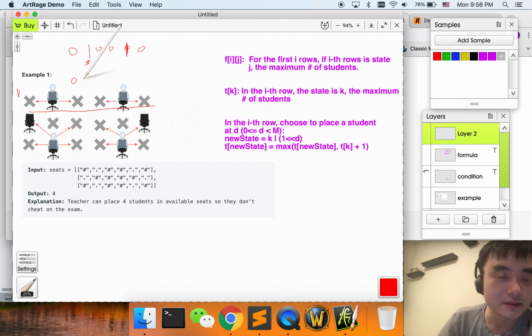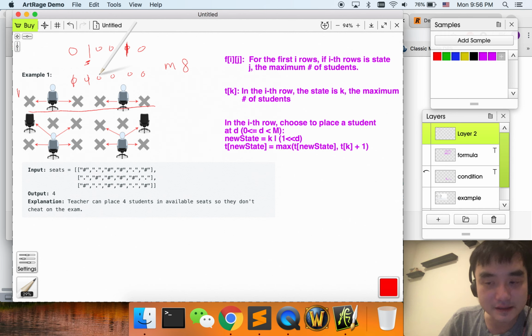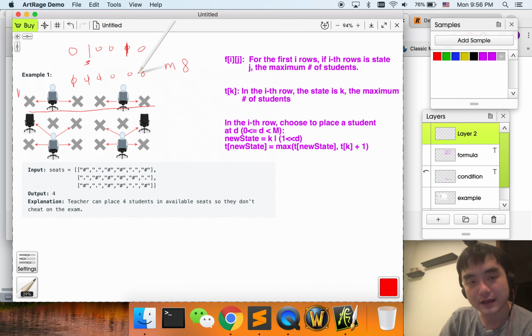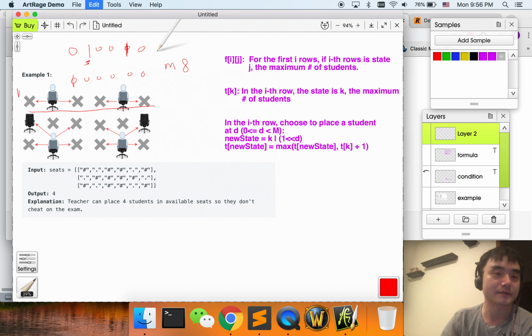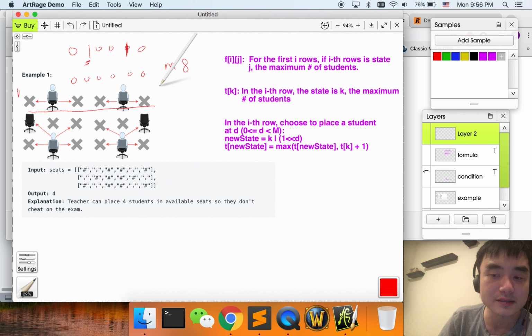So initially, the initial state is all 0, and we can iterate all of the options we have. We only have m options, so at most 8 options, right? So we either put a student at the first seat, or the second seat, or the third seat, or the 8th seat, right? So we at most have 8 options, so we can just iterate each of them.